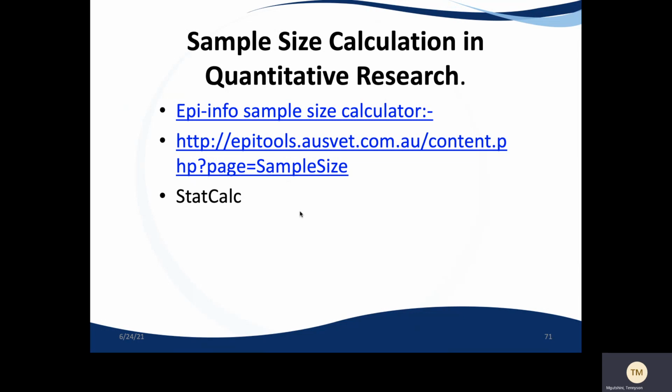Generally, we aim for a 95% confidence interval, and a 5% margin of error. You input all those things and you press the button, then it'll give you a number. And that number becomes your sample size.